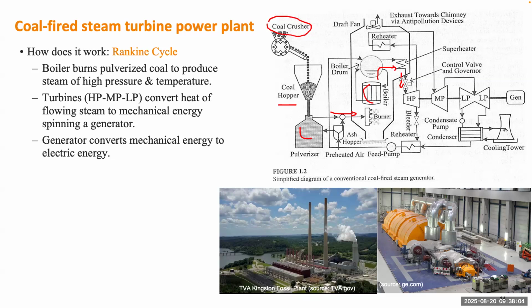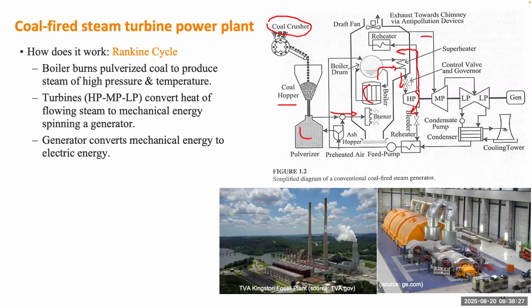It drives the HP, which is the high pressure turbine, so the turbine will revolve. Then the high pressure steam leaves this turbine, and through this reheater, the temperature increases again.